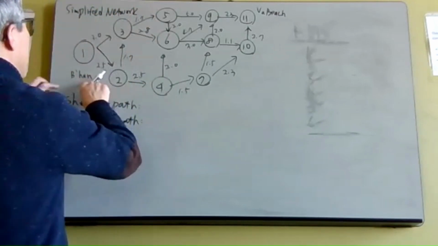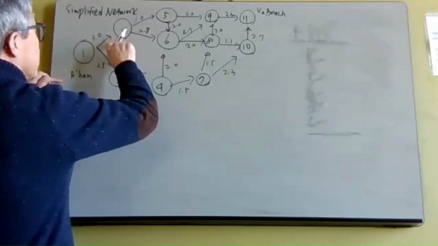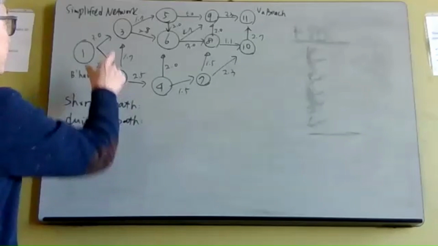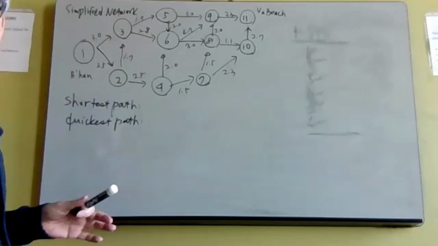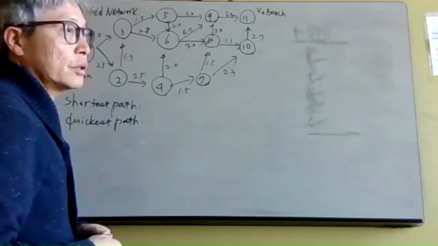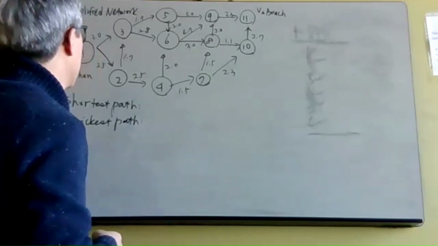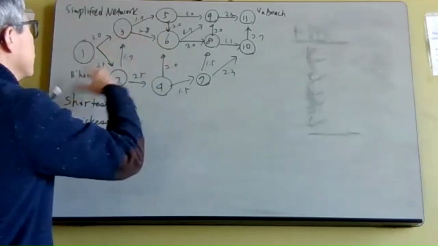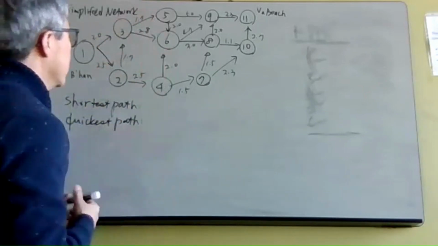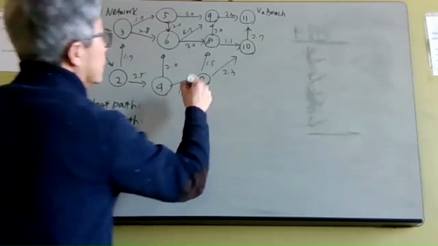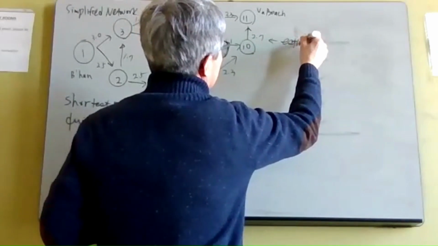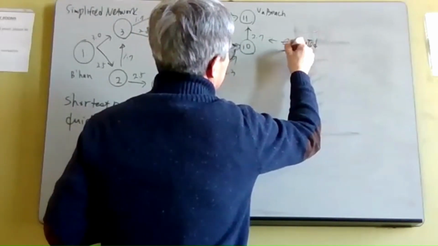Because if you drive from Birmingham to node 3, there are so many different segments, and you never know what's going to happen between 1 and 3. Maybe there is construction, maybe snow and rain, so it can be longer, or it can be shorter if you drive faster. So let's assume these numbers are the estimated travel time.